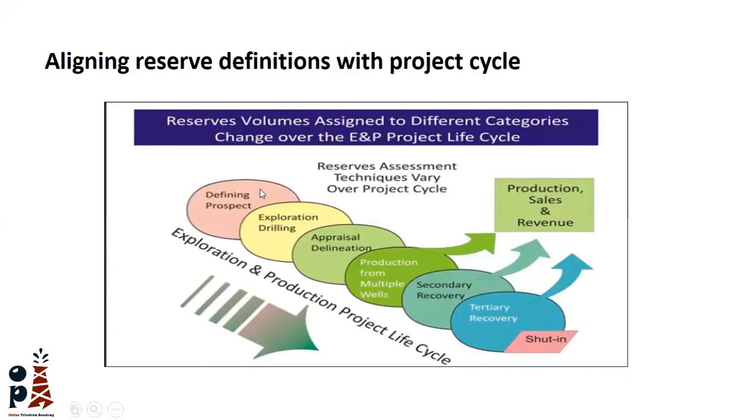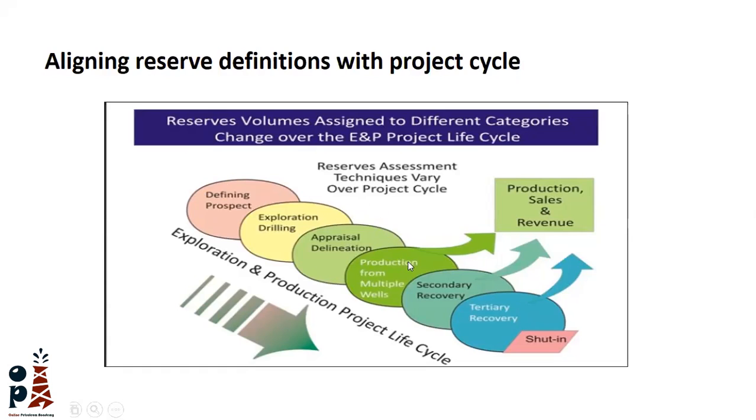So in each phase in our life cycle, we begin to estimate reserve, and we begin to revise our reserve estimate. So in the initial phase, defining prospect, we made a guess about our reserve. Then when we explore and appraise, we put another value for the reserve.